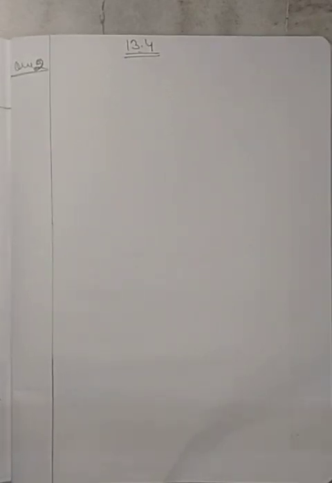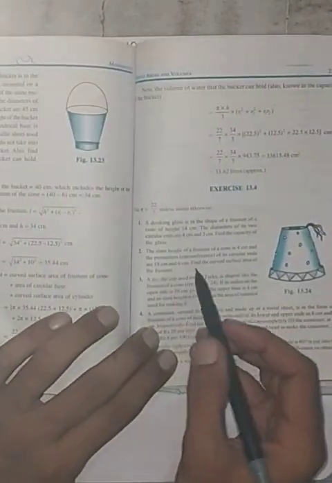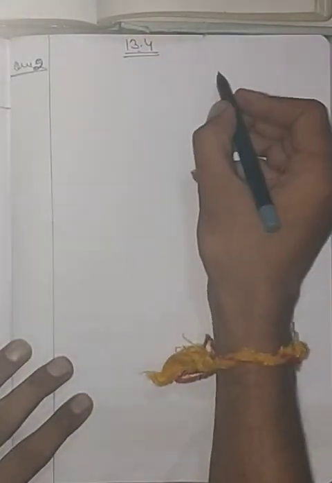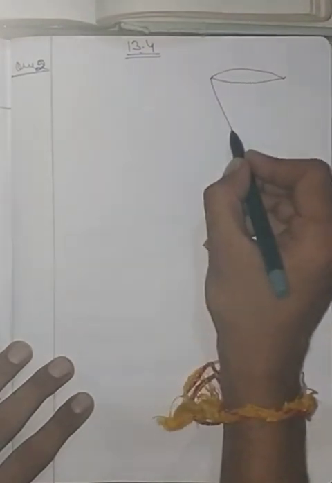Now starting with the exercise, the first question that we are going to discuss is question number 2. What does the question say? The slant height of the frustum of cone is 4 cm. Frustum of cone is given. Let's draw.